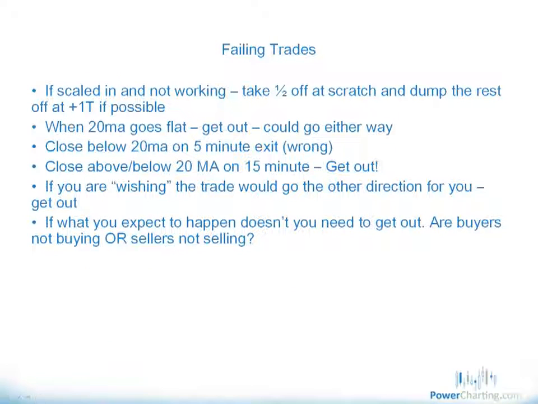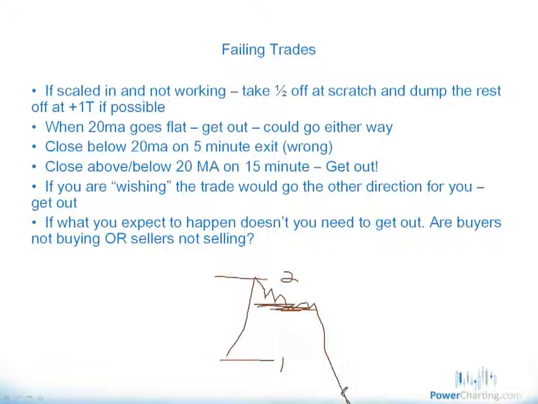Okay, so failing trades. If you scaled in and it's not working, one thing that I do is take off half at scratch and dump the rest at +1 tick if possible. In other words, if I've gotten into a scale in, so let's say I've done one here, so I got one there, 2 here, my cost basis is right around here, and the price moved up to here where I scaled in, and now it's kind of struggling in this area.